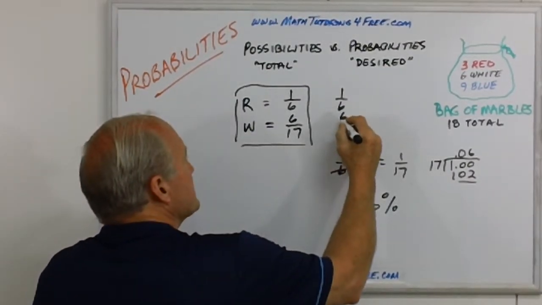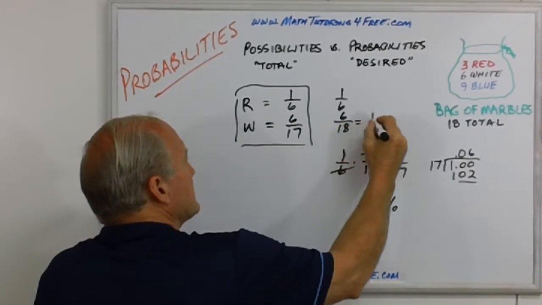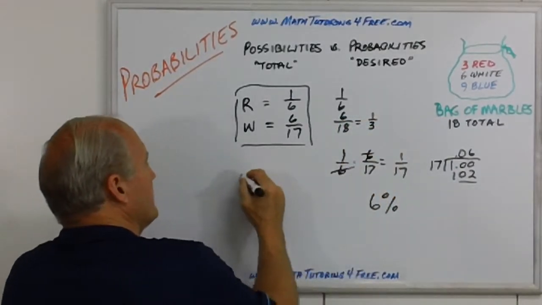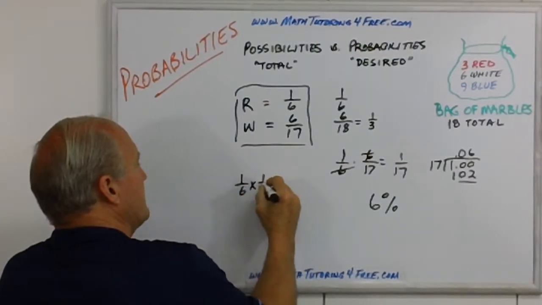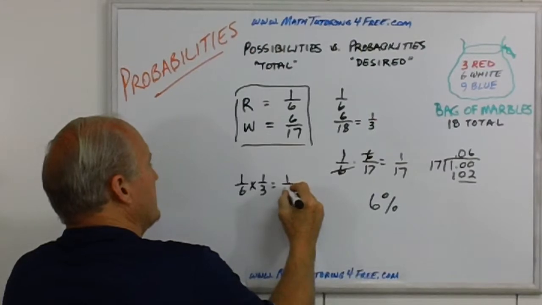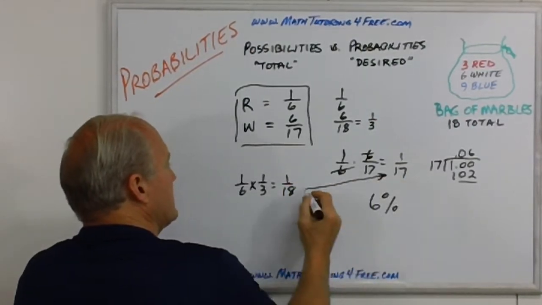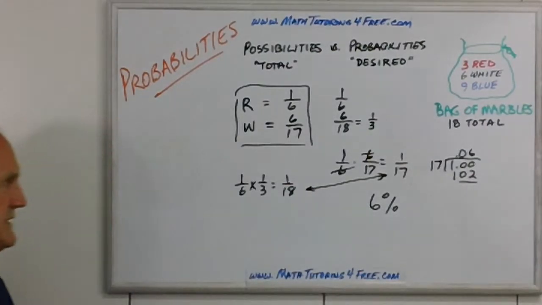So this is 6 out of 18. Well, it makes it a little easier because that's 1/3, right? So now we have 1/6 times 1/3, which is equal to 1 out of 18. Okay, notice the change. It went from 1 of 17 to 1 of 18.